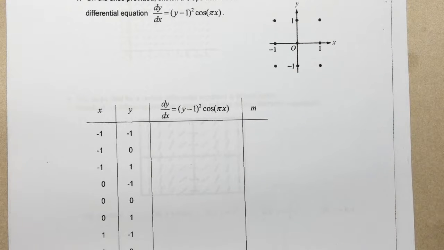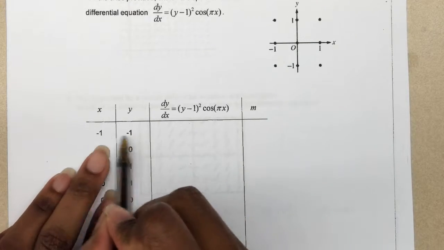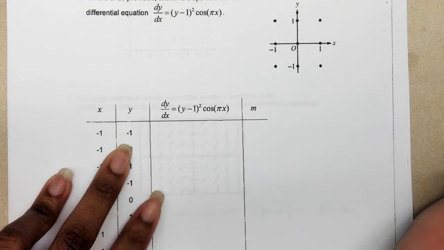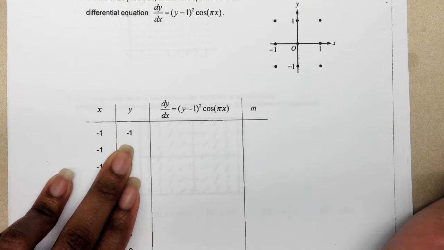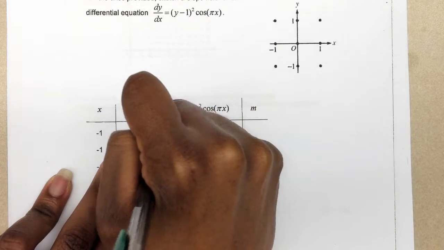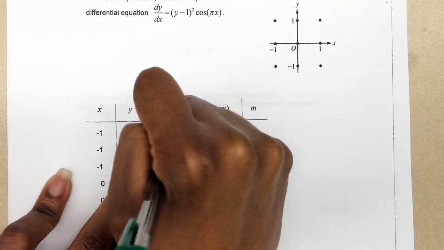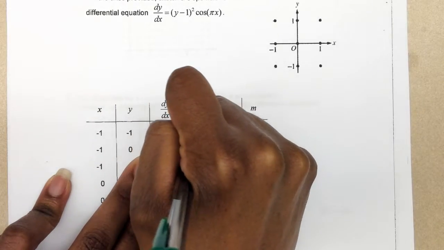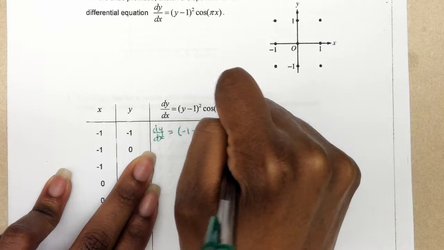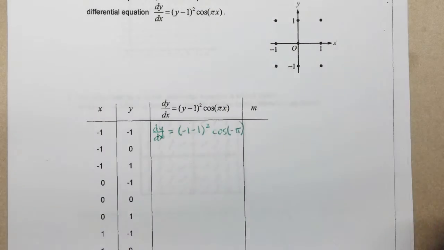For example, if we look at the point (-1, -1), this point over here in the corner, if we plug in -1 for x and -1 for y, we'll get that dy/dx is equal to (-1 minus 1) squared times cosine of -pi.